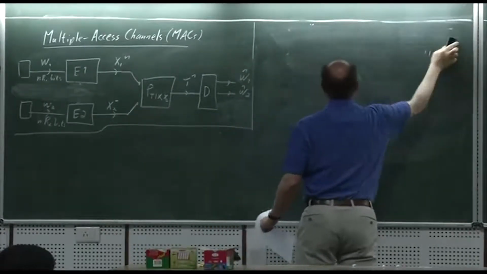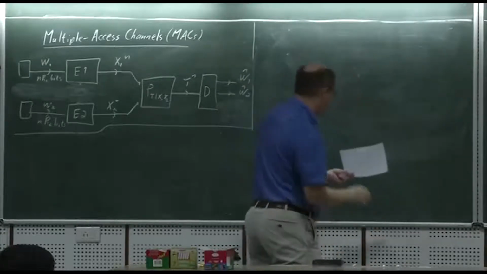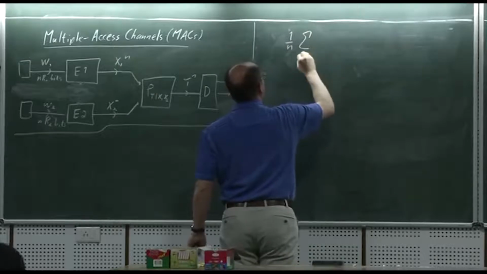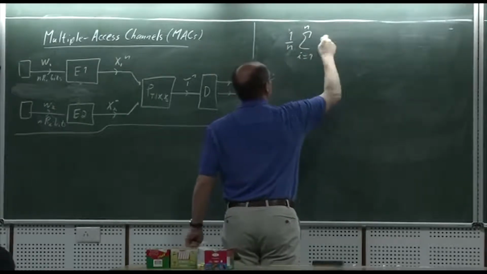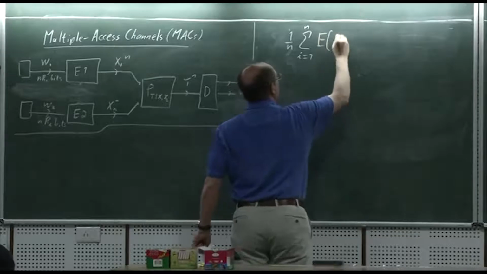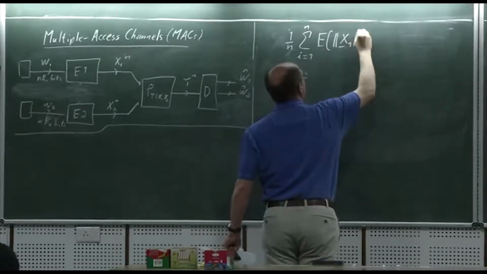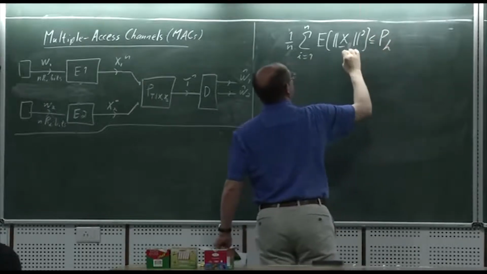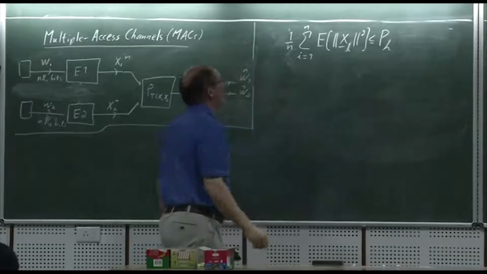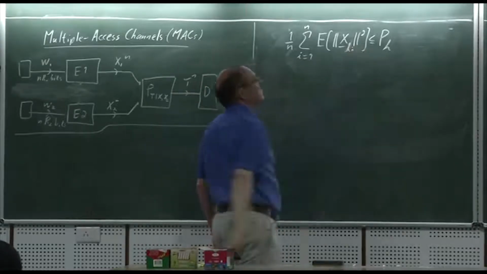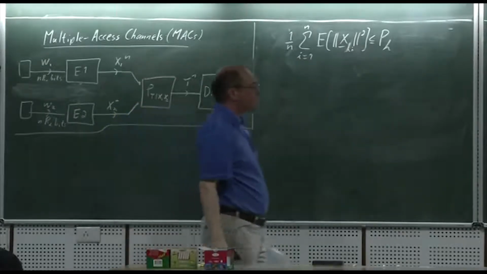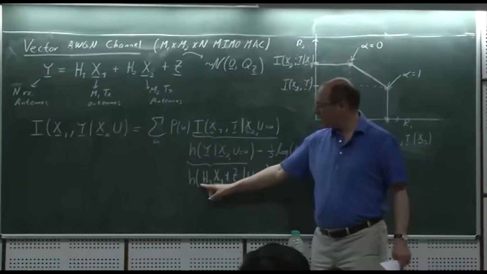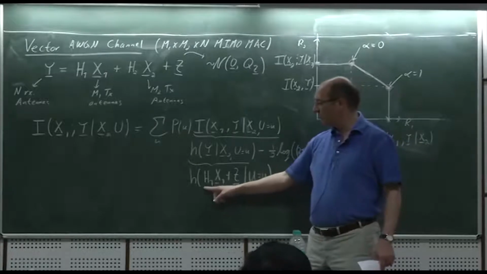Well, the power constraint is the following. So 1 over n, summation from i equals 1 to n, with or without expectation, but let's just do it with the expectation, of x1 squared less than or equal to p1, and same for user 2. So that's the ith vector, right? Just less than pk. So what that means is we have a covariance matrix constraint on this, right?